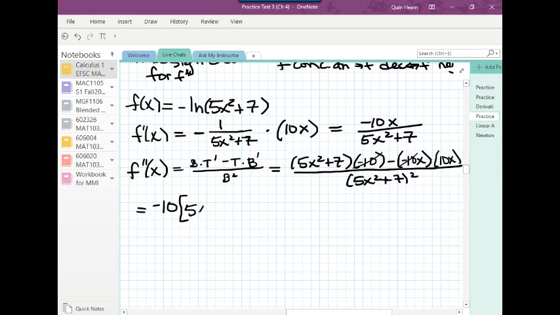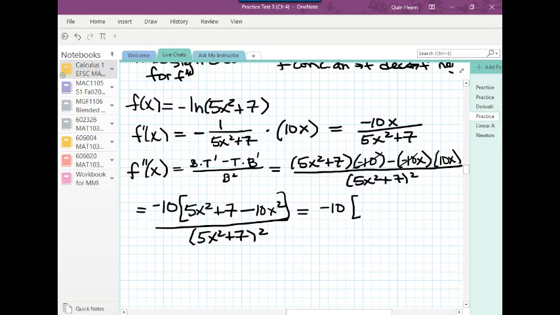Derivative of the top would just be negative 10, minus the top, which is negative 10x, times the derivative of the bottom, which would be 10x, right? Bring the power out front of the x squared. 2 times 5 is 10, and then subtract 1 from it, and you just get an x. Over 5x squared plus 7 squared.